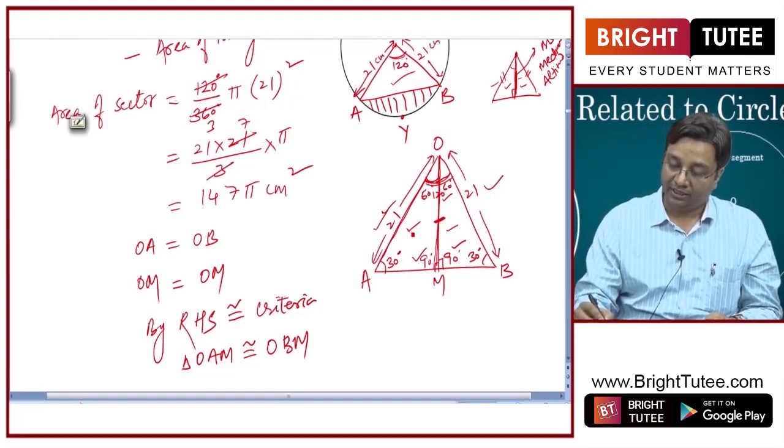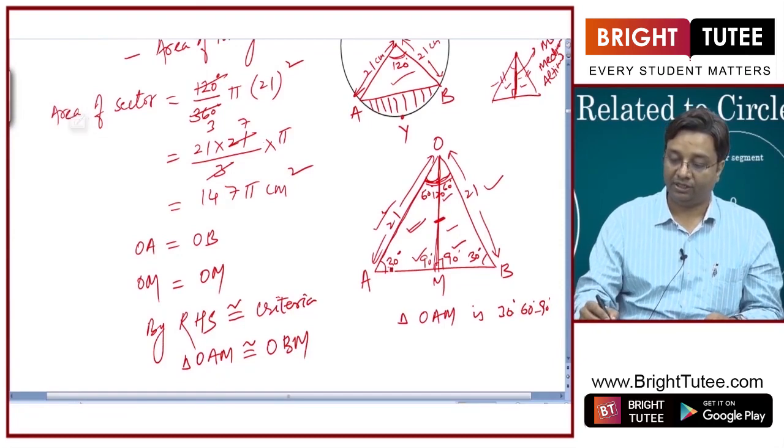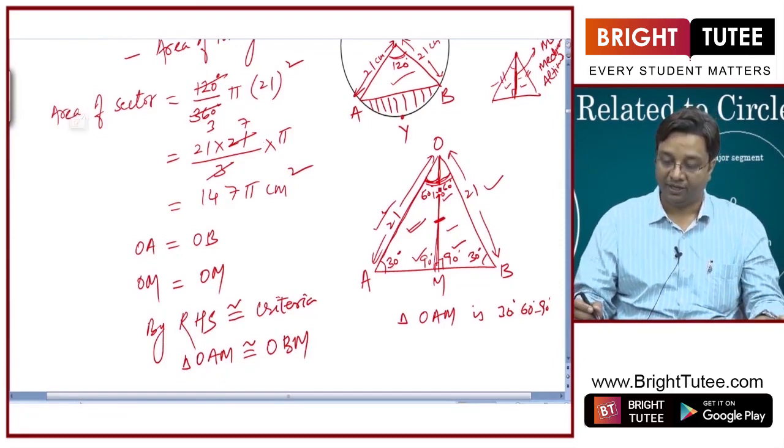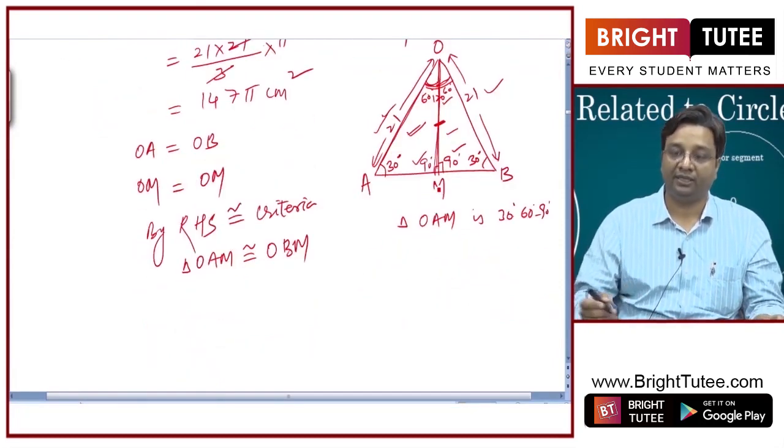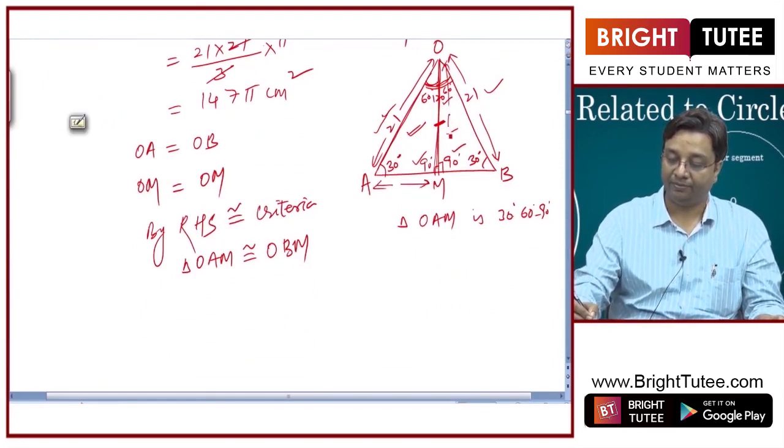So now we know that this triangle OAM is a 30-60-90 triangle, right? So these three angles are 30, 60 and 90 degrees. So I'll apply some simple trigonometric ratios to get the side AM and side OM. Okay, and these two triangles are congruent.